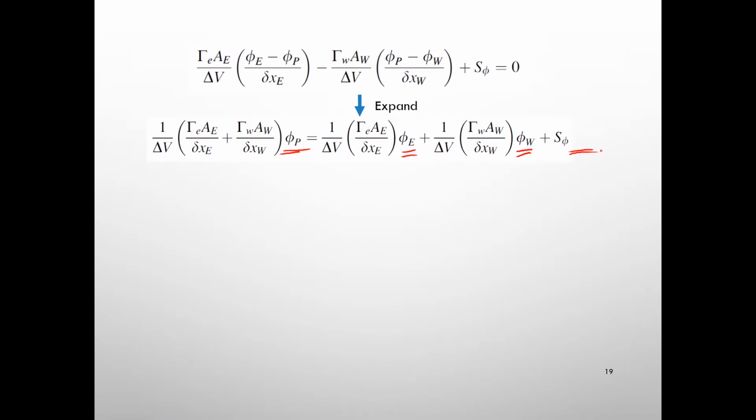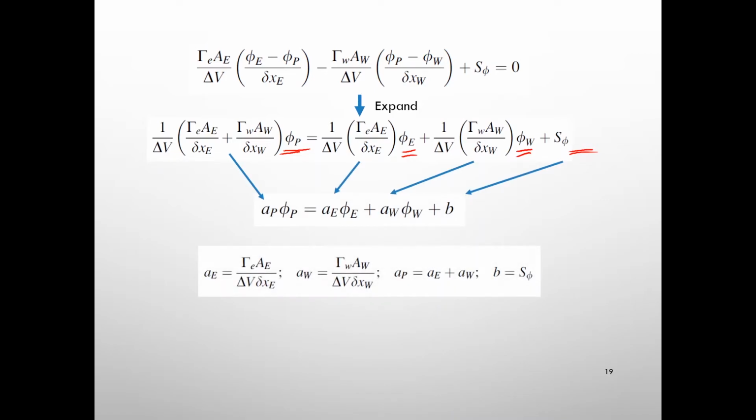From here we can assign which one is AE, AP, and AW. So this is the AP, this is the AE, and this is the AW, and the rest is B.